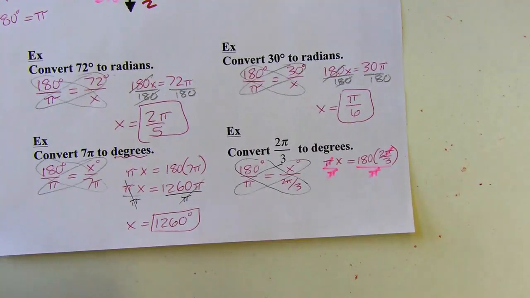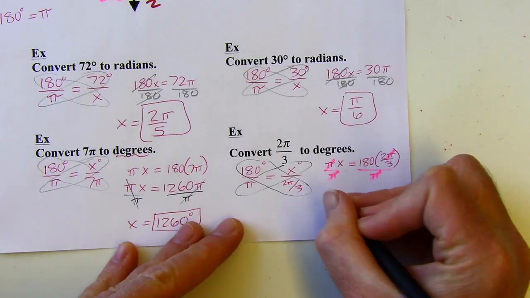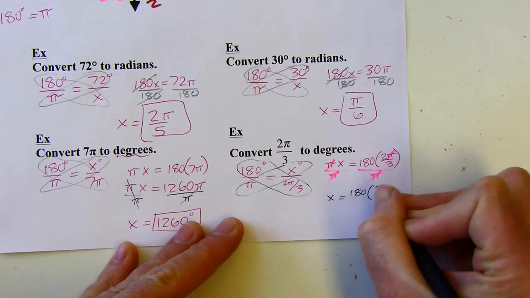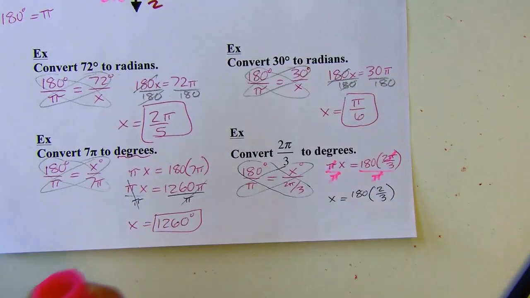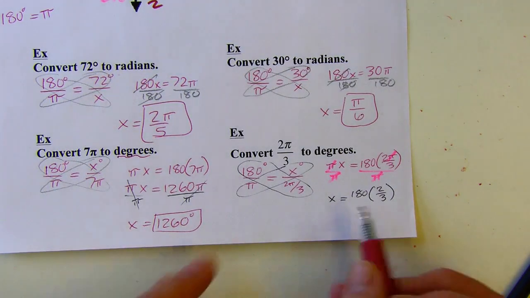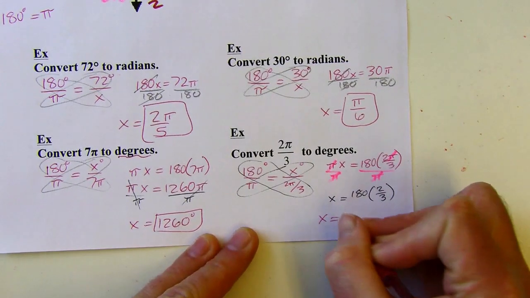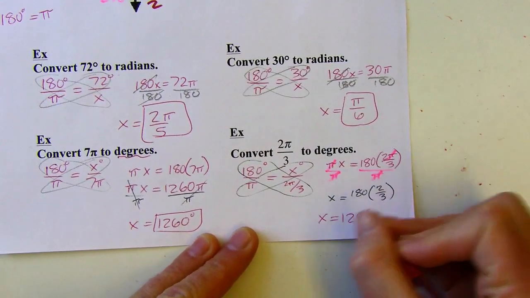So x is just going to equal 180 times 2/3. Okay, so 180 times 2 would be 360, and then 360 divided by 3 is going to give me 120. So, I multiplied by 2, then divided by 3, and I got 120, and this is in degrees.